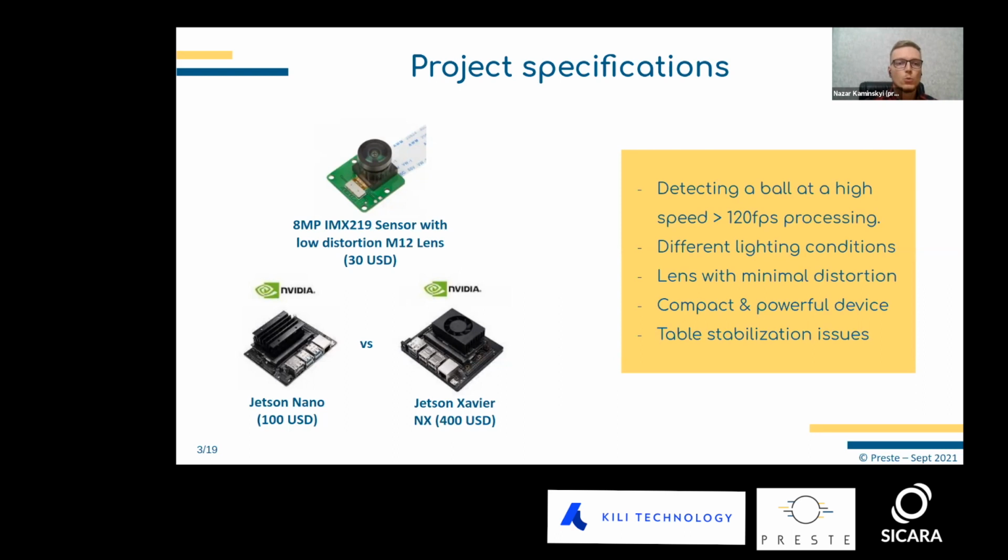As we are going to move to local computing, we found compact and powerful devices such as Jetson Nano or Jetson Xavier, and we will explain a little bit more in the next slides. And also during the game, the table shakes, so it's important to deal with stability issues of the table. Next slide, please.